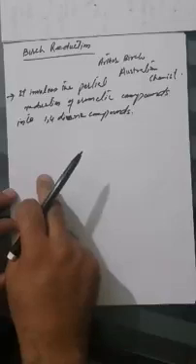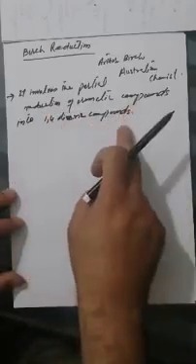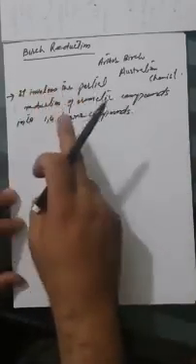Birch reduction is the conversion of aromatic compounds into 1,4-diene compounds upon partial reduction.